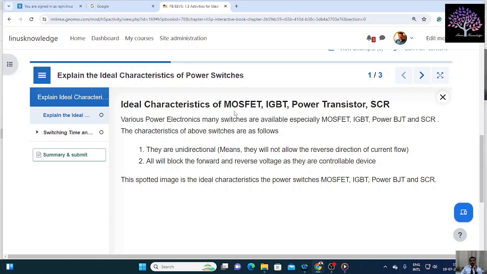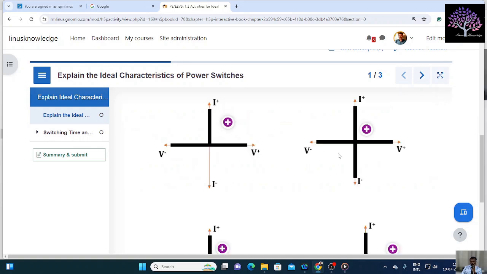Why? They are unidirectional, meaning they will not allow opposite direction or reverse direction current flow. They will block forward and reverse voltage also. So this spotted image is only for MOSFET, IGBT, power BJT and SCR, right? Like that you can learn yourself. Each activity will carry 2 points.